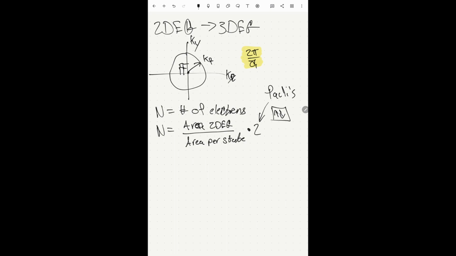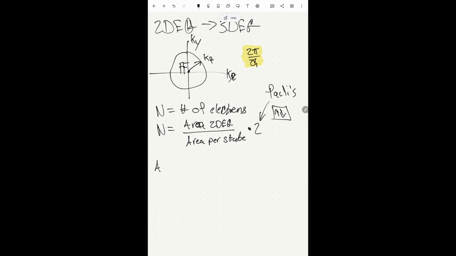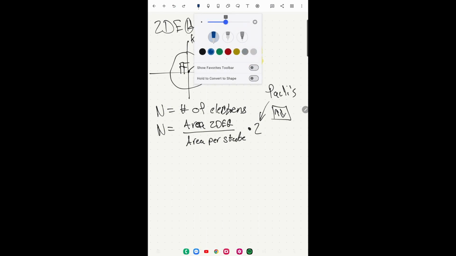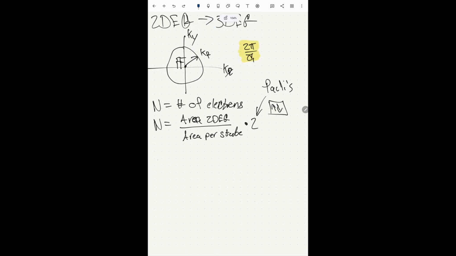Moving on, now we have to calculate each of these values. I will start with the area of states, and I'm going to do this in a different color for you guys. So, blue.